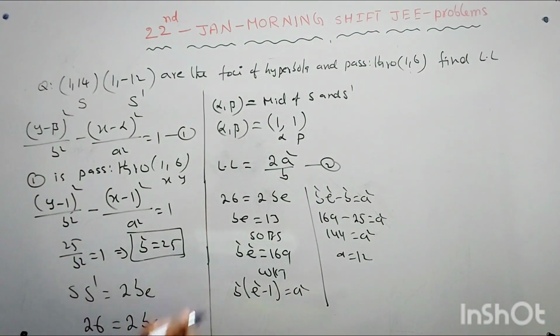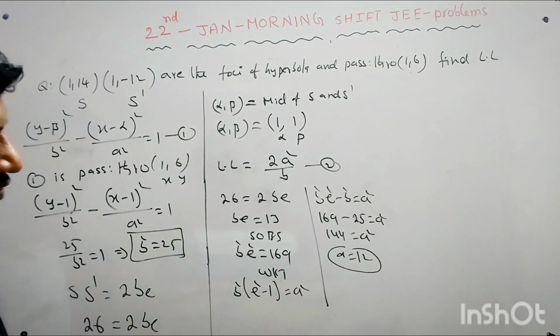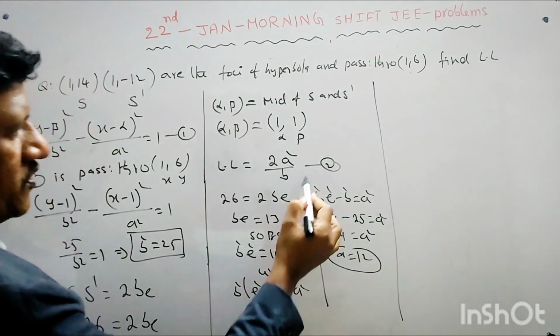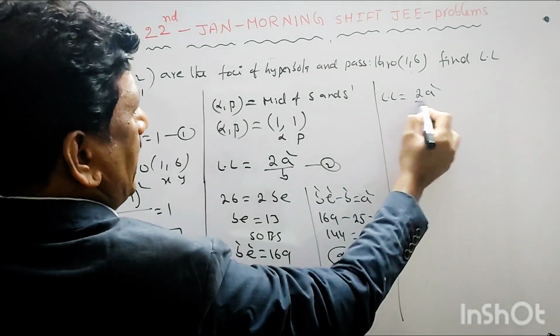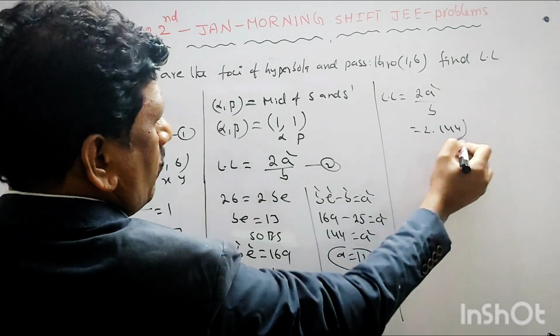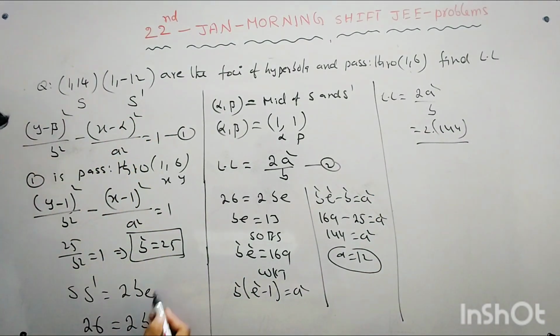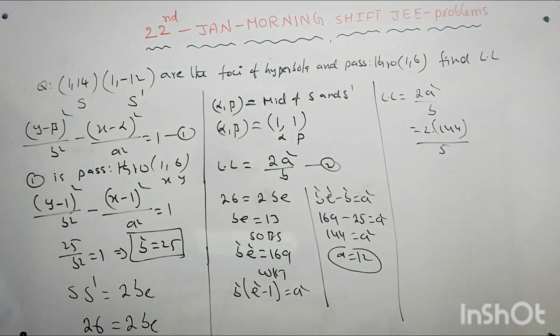So we got the a value and the b value. What should we find out? The length of the latus rectum, that is 2a square by b. That's 2 into a square value 144 by b, where the b value is 5. After simplification, you will get 288 by 5. That is the answer.